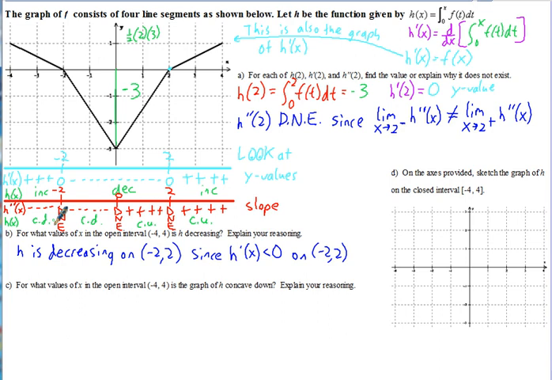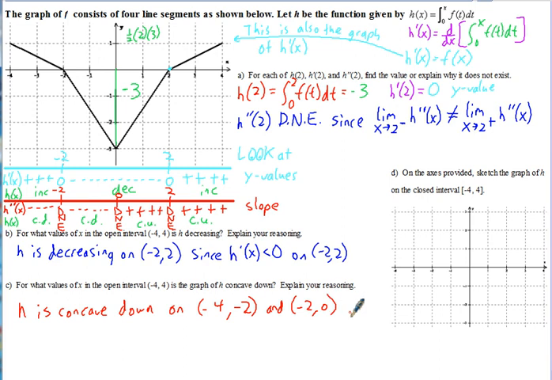So we can say h is concave down on the intervals -4 to -2 and -2 to 0.